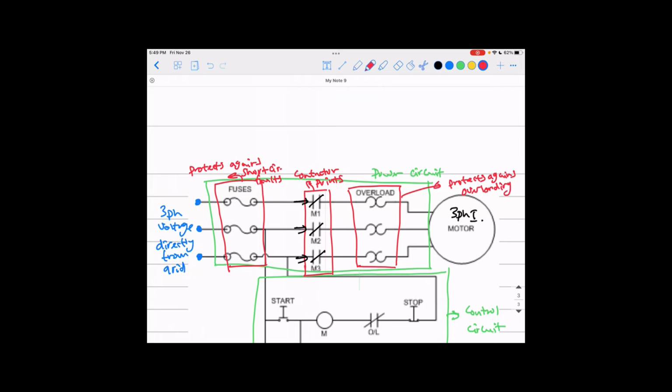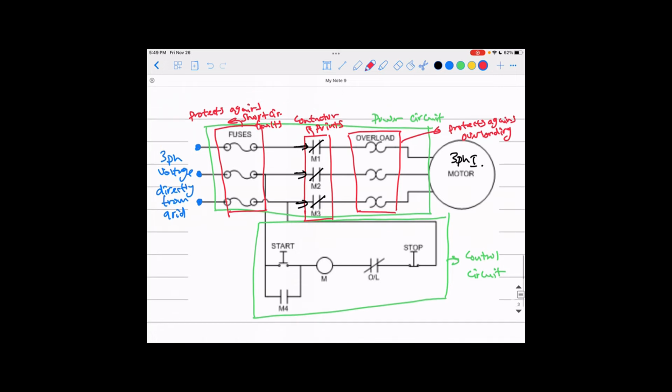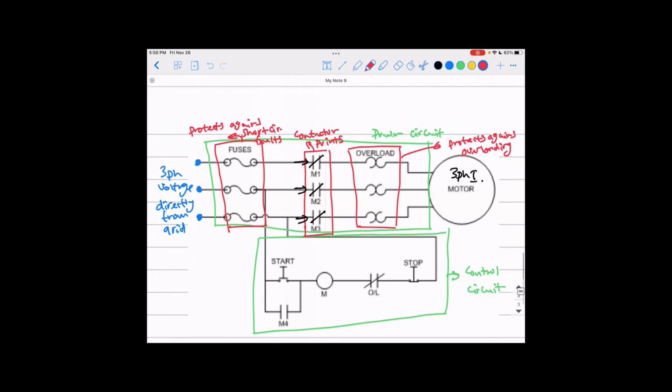What is the difference between the overload and the fuse? The overload, from its name, protects against overloading, which is a small increase in the current that goes on for longer times, while the fuse handles a very high increase in the current that happens in a very short time, okay? And why do we need both of them here?